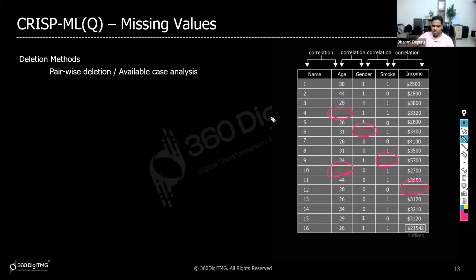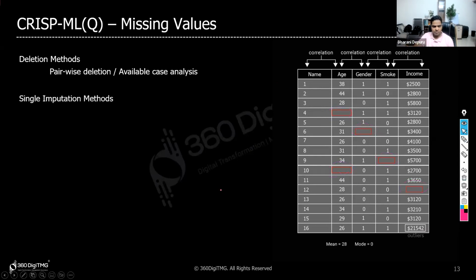But here, to understand which row should be deleted, it will find out the correlation analysis. Only if all the columns have the correlation values, that would be considered for further analysis. Otherwise, that row would be deleted. This is less preferred because this includes an additional step of calculating the correlation between all the possible pairs. Instead, if some value is missing, let's delete the entire row. Simple, there ends the story.